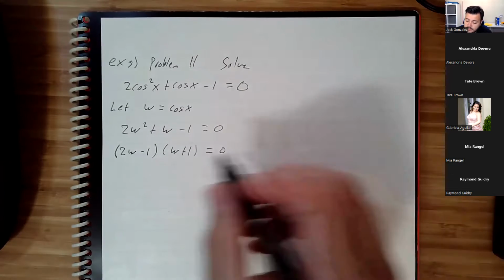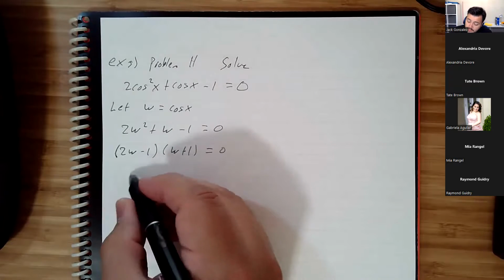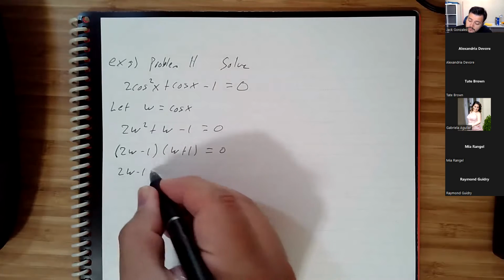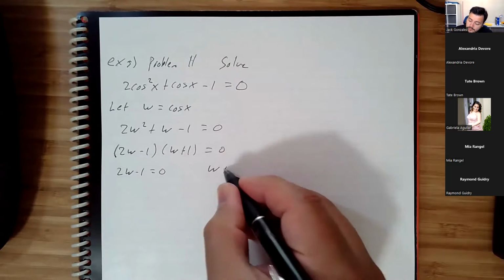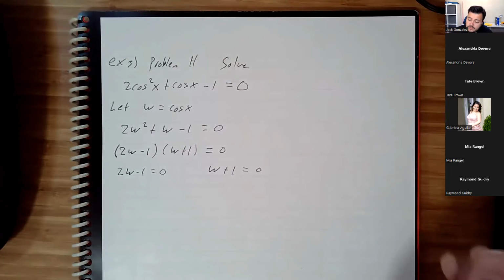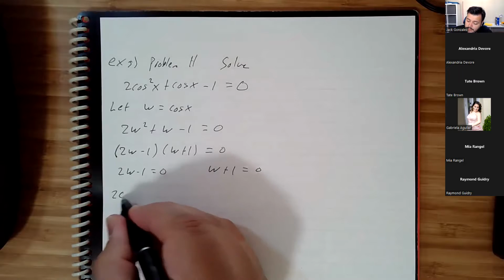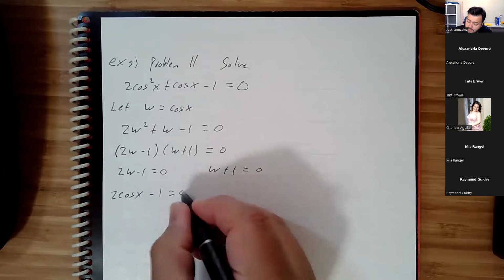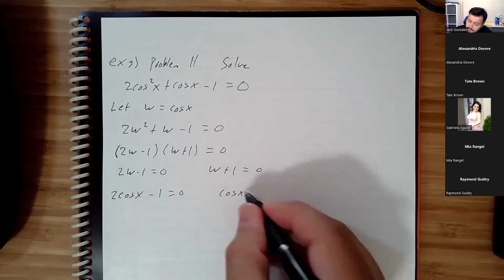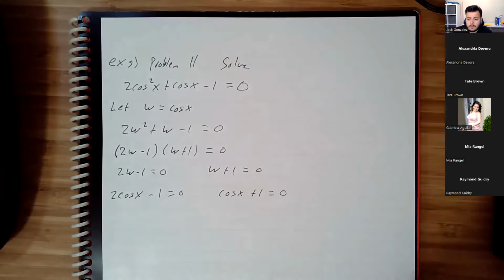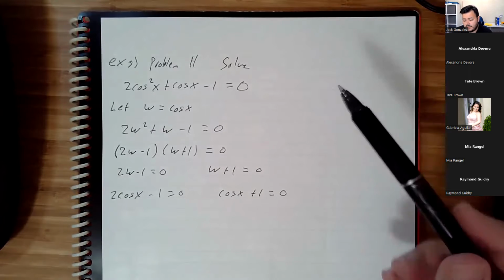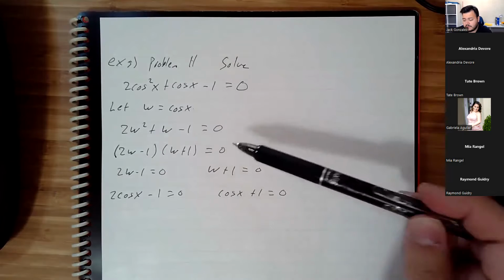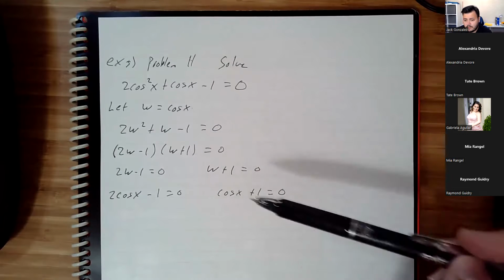And we should know that once it's factored, you set each piece to 0, like we did earlier. But w is made up, so bring back cosine. It's a dummy variable in order to factor. Any questions on the substitution or the factoring here? This okay?